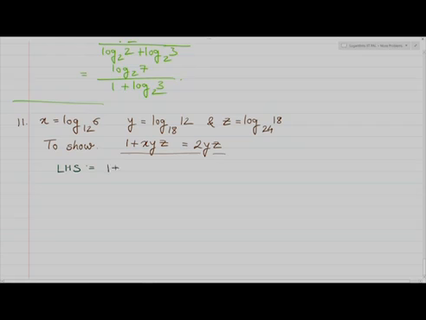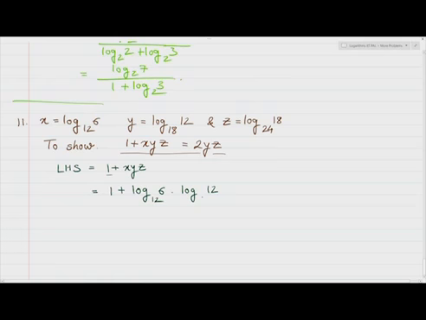So I am starting with 1 plus x y z. Again the equation has 1. So we have to be a little bit careful. Let it be 1 as of now. So what is x? Log of 6 to the base 12, into what is y? Log of 12 to the base 18, into log of 18 to the base 24. Okay, great. Now, I will rewrite this using change of base formula.